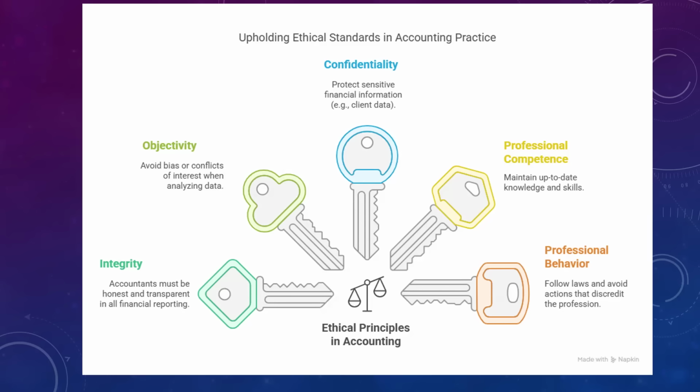Confidentiality, keep private information private. Professional competence, having the ability to carry out your task as an accountant. And then professional behavior, not behaving in a way that makes accountants look bad.